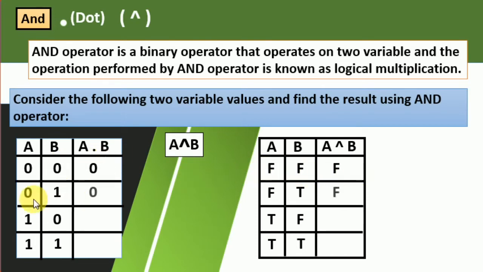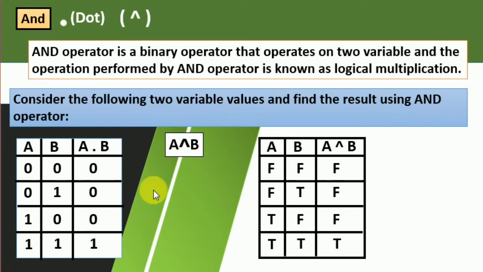False, true means false. True, false means false. And last, true, true means true. That means 1, 1, 1, 1, 0, 0, 0, 1, 0, 0, 0, 0. This is the concept of and. You should know it and you need to understand the concept also.